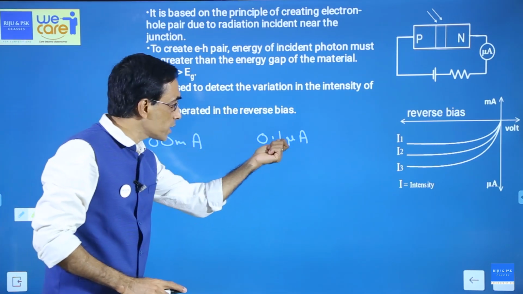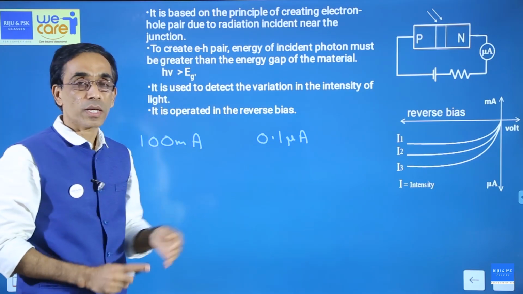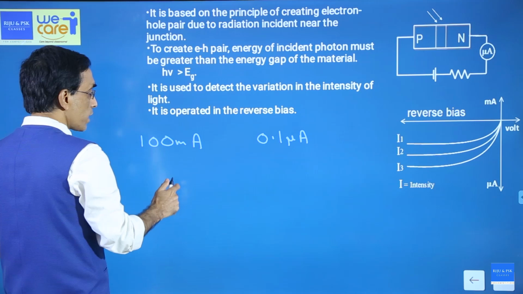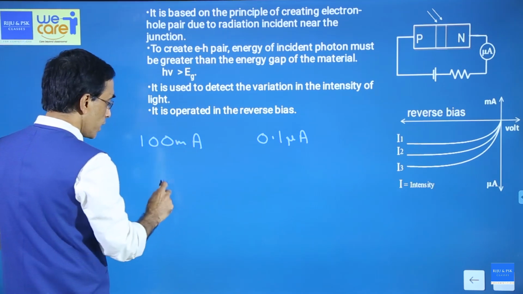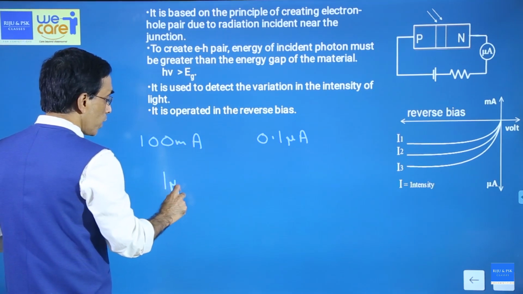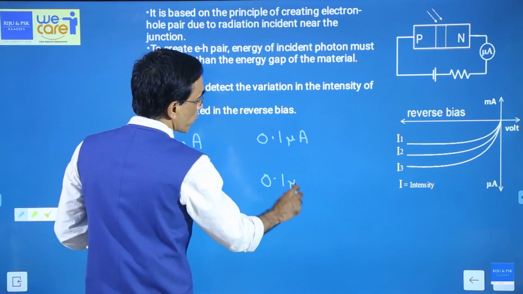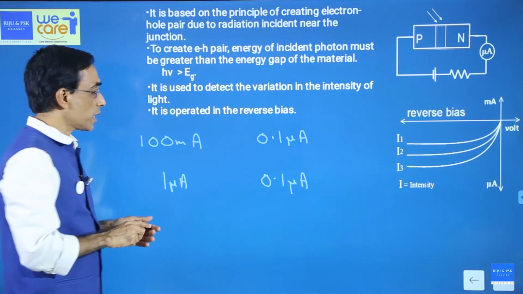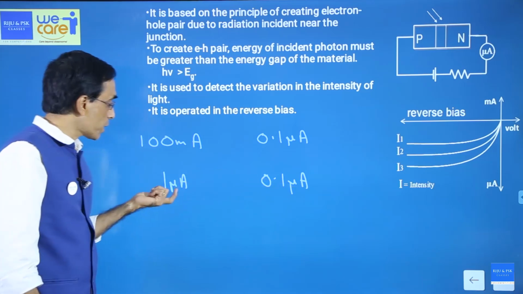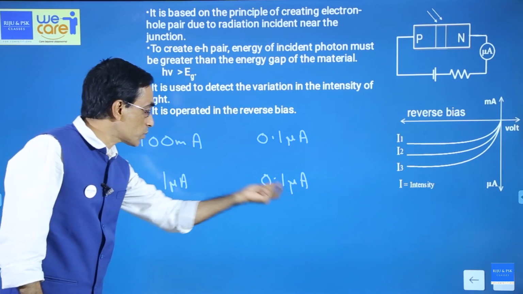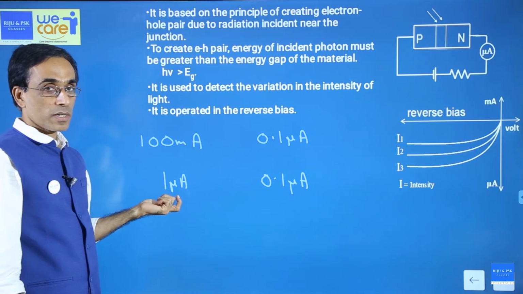So variation in this one will not be easily noticed. But suppose instead of the forward large current, we are using a reverse current which is like 1 microampere, and the same photo current 0.1 microampere. You can see that this 0.1 microampere becomes almost 10% of this current. So a slight variation in this one will be easily noticed here.